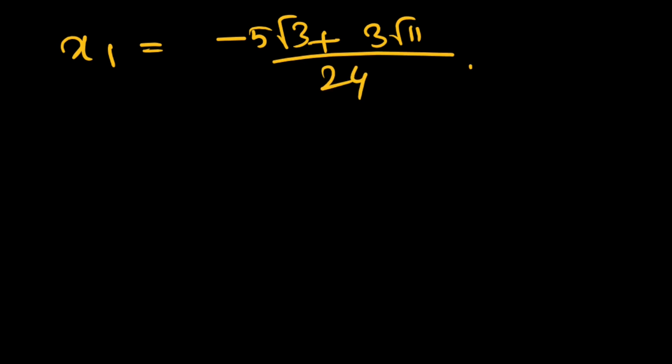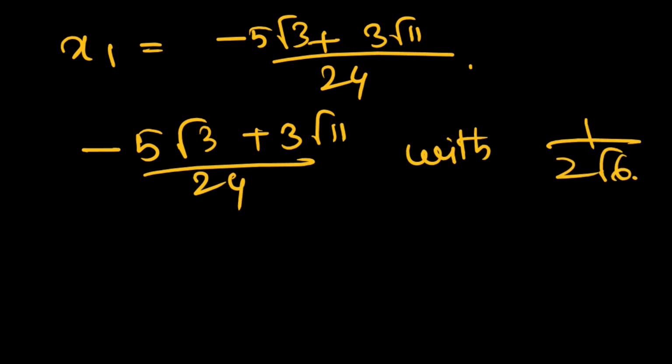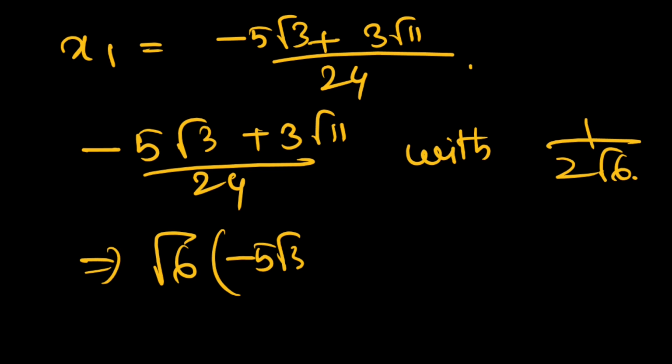Now we check whether x1 is a solution of our equation or not. So x1 is equal to minus 5 root 3 plus 3 root under 11 over 24. Similarly we want to check this number with 1 over 2 root 6. So we multiply this number by root 6. So 6 times minus 5 root under 3 plus 3 root under 11, and this value is 12.